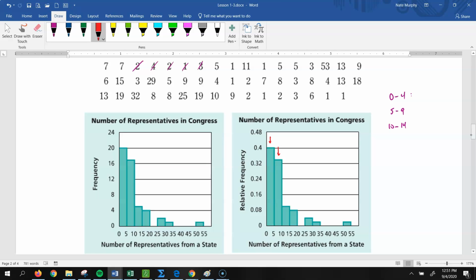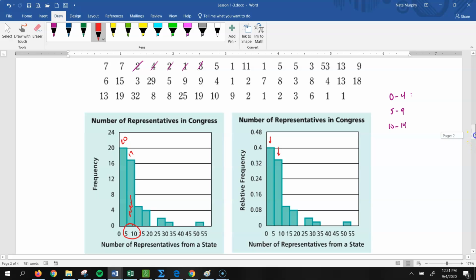So between the 25th and 26th term is where you'd find the median number of representatives. So what does that mean for this problem? Well, we know that in this first bin, we have our first 20 numbers. In our second bin, we have our next 17 numbers, if we estimate that. So the 25th number is not going to be in that first column, it's going to be somewhere in this column. We don't need to know what the actual value is, we just need to know that it's in this bin.